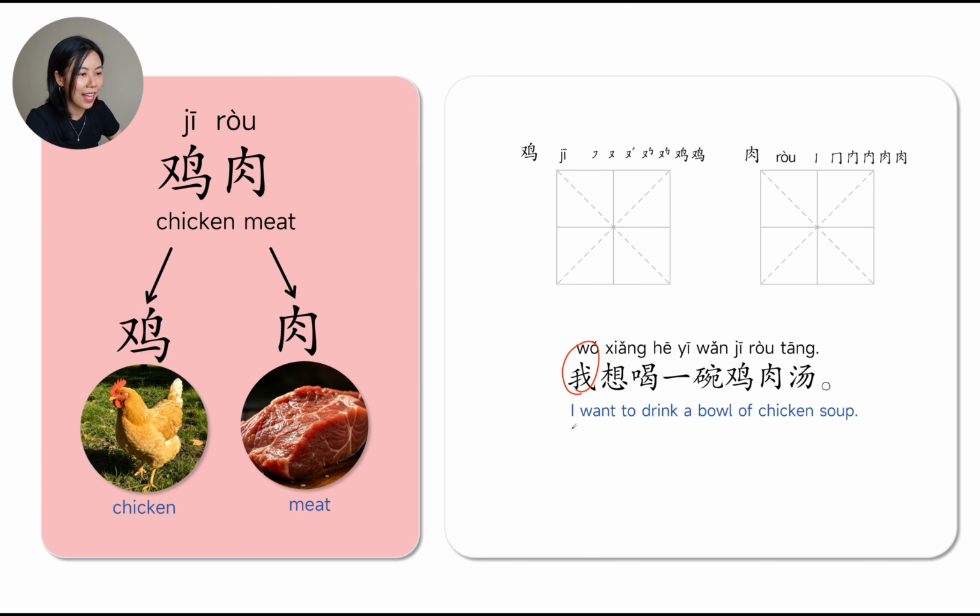我 is I, 想 want to, 喝 to drink, 一碗 is a bowl of. 碗 is the measure word, a bowl. 鸡肉 chicken. 汤 is soup.